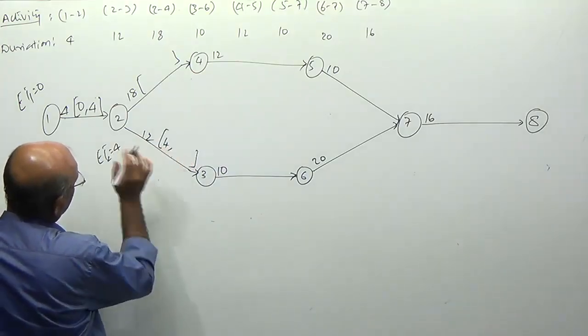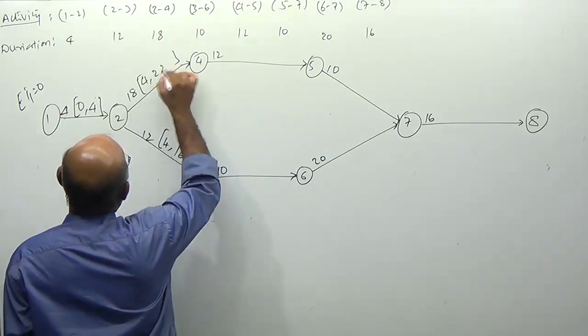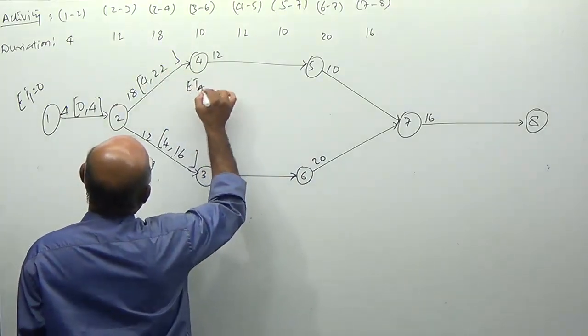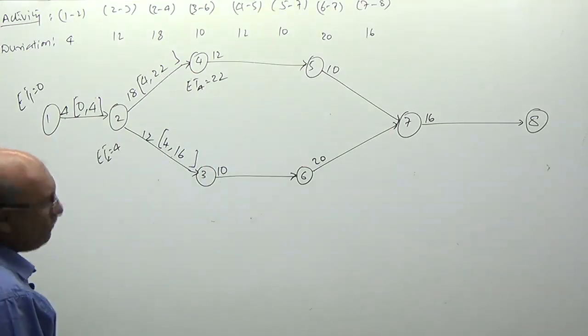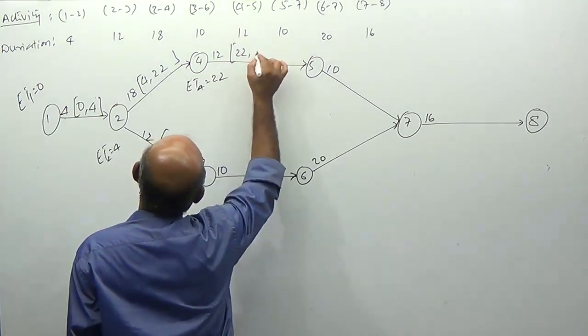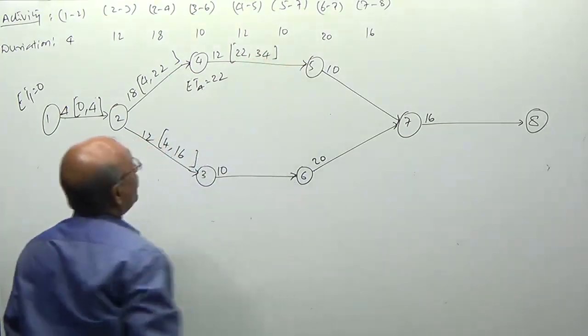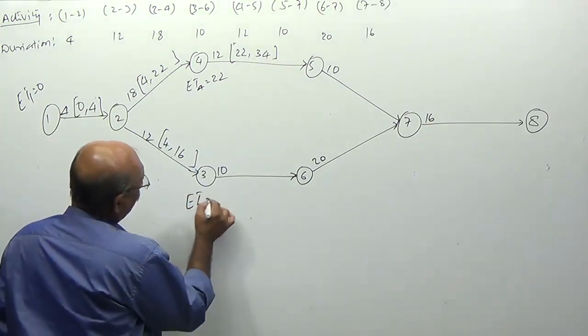This is 4 plus 12, 16. 4 plus 18, 22. Earliest timing of 4 is 22. So 22 plus 12, 34. Earliest timing of 3 is 16.